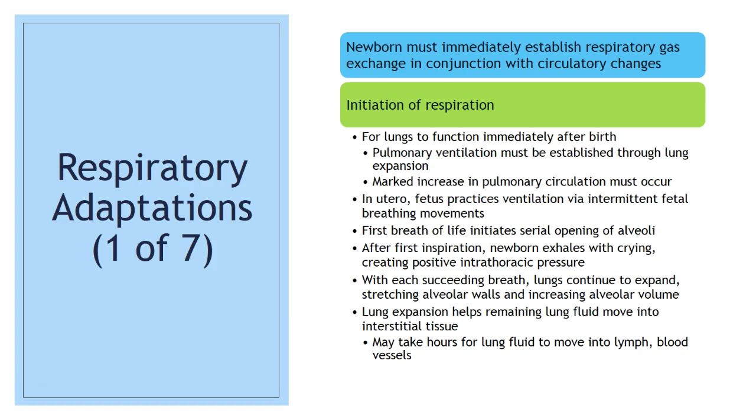And premature babies too, if there's not the ability to expand the lungs very well, that requires musculature to do that, then that puts them at risk for not being able to move through this adaptation maybe as nicely as a normal newborn.